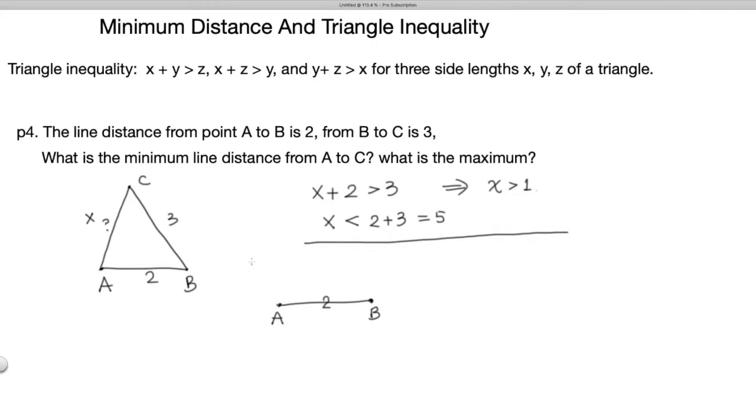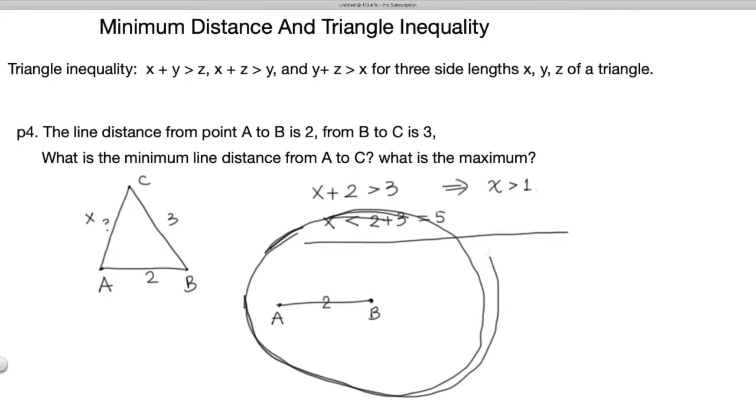All the points with distance 3 to B form a circle with radius 3. So I'm going to draw a circle. It's not going to be a perfect circle, but I will try my best. It's a very bad circle, so I will try to make it slightly better. The radius is 3, and these are the potential C points.